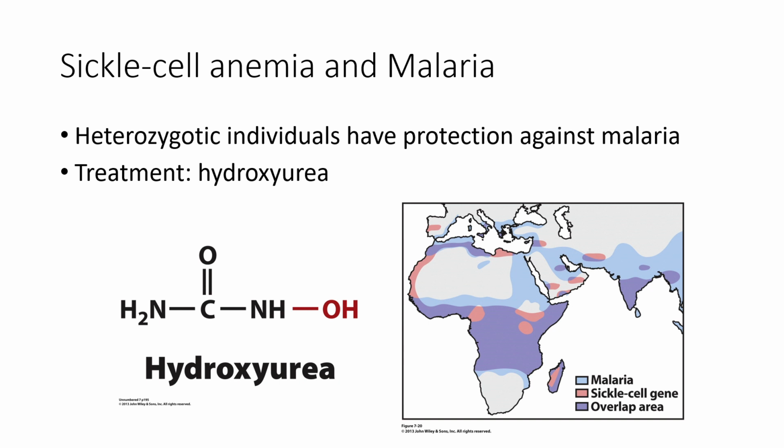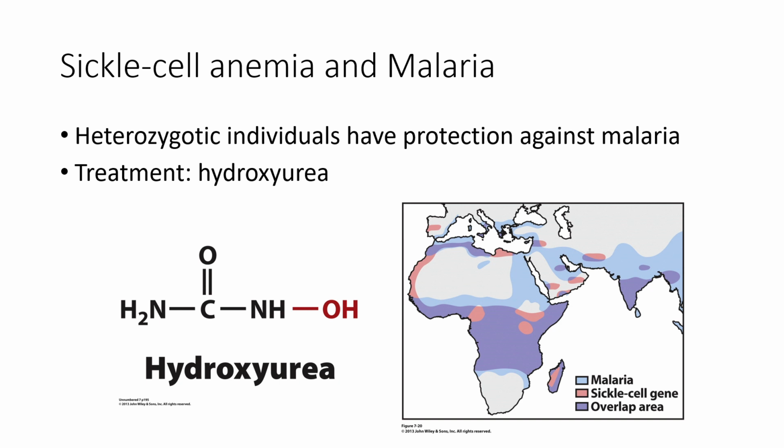And another thing to note here is the treatment for sickle cell anemia, which is hydroxyurea, and the structure of that is shown below. The exact mechanism for how that works isn't known, but this helps the red blood cells maybe from clotting.